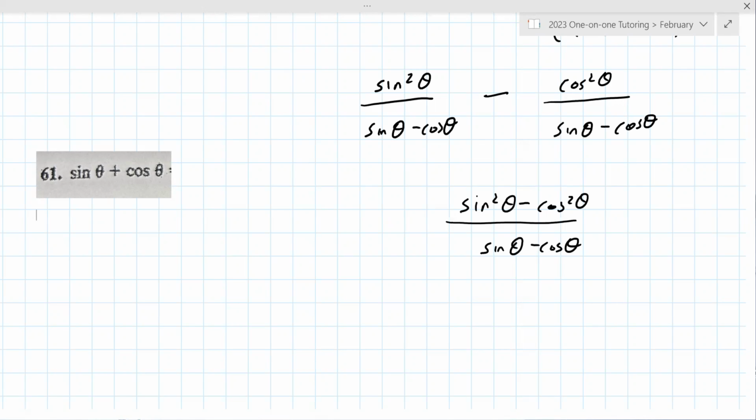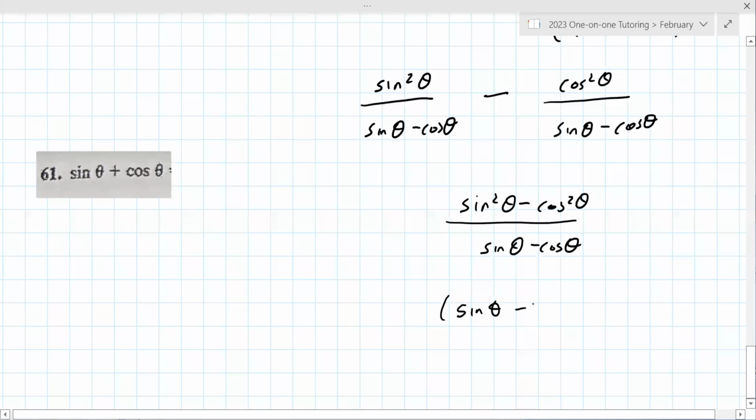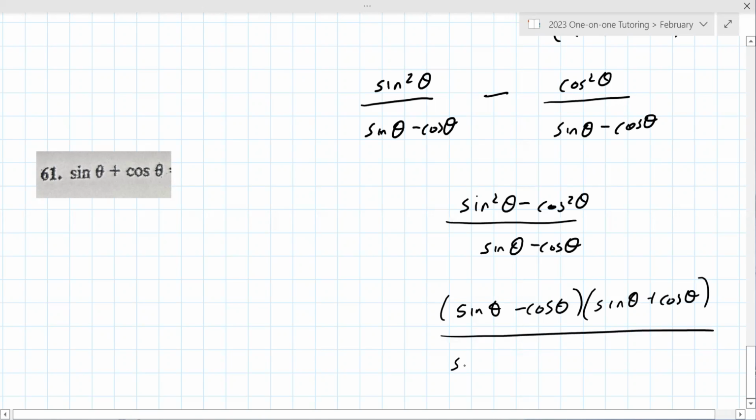So would it become sine plus cosine times sine minus cosine? Yes, it's a difference of squares in the numerator. Sine theta minus cosine theta, or you can do plus if you prefer. But that's the key thing to see here, because you've got the answer right there.